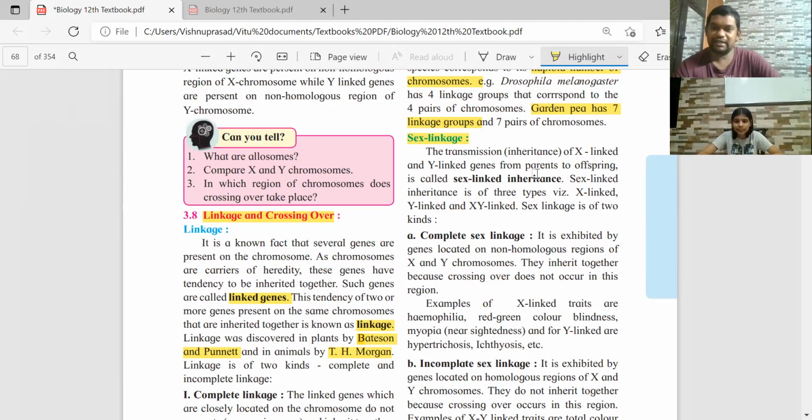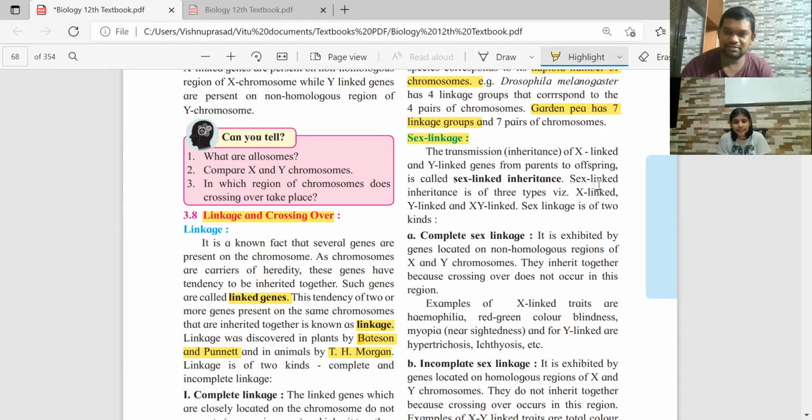For human beings, you know very well, the males have an XY sex chromosome, and the female has the XX chromosome. The remaining 22 pairs are structurally the same in all. So we are talking about the XX and the XY.